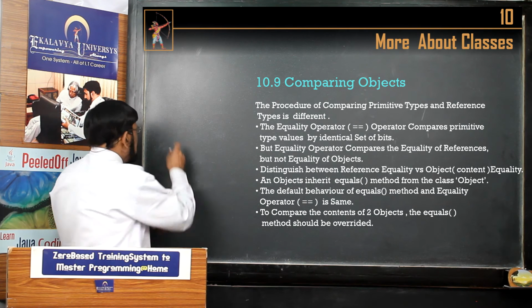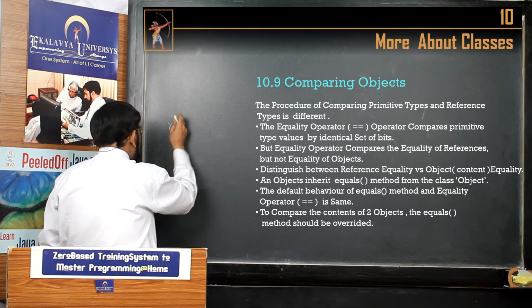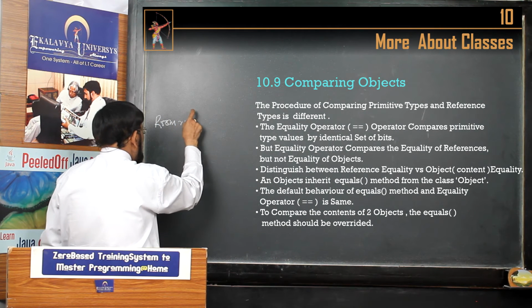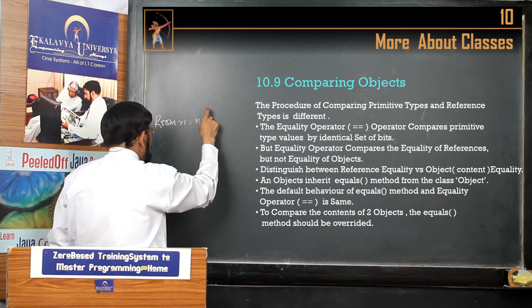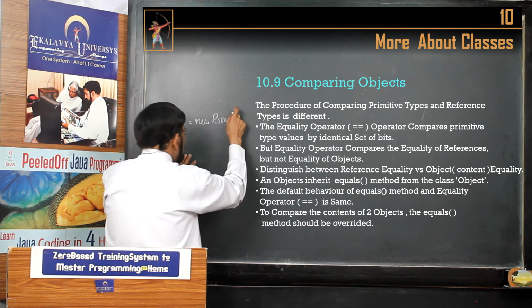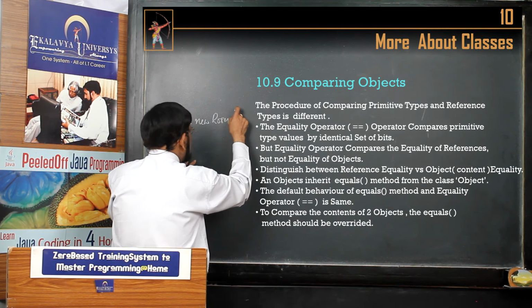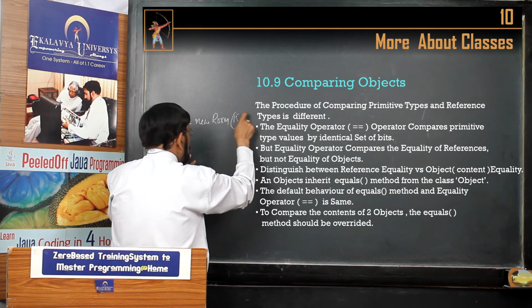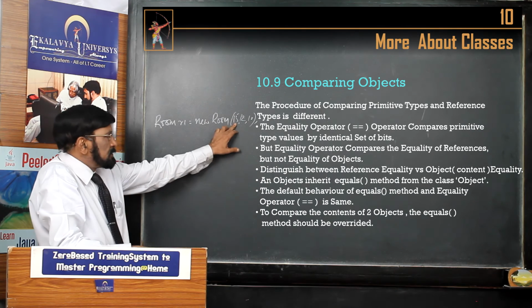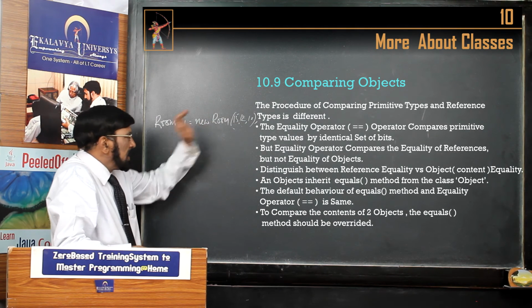Now, let me give you one example, by which you can easily understand. Room R1 equals new Room, with values 15, 12 and 10. You understand that these represent length, breadth and height.